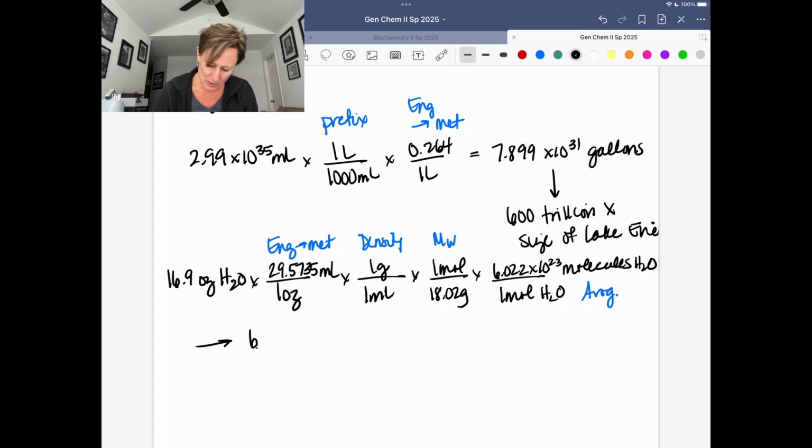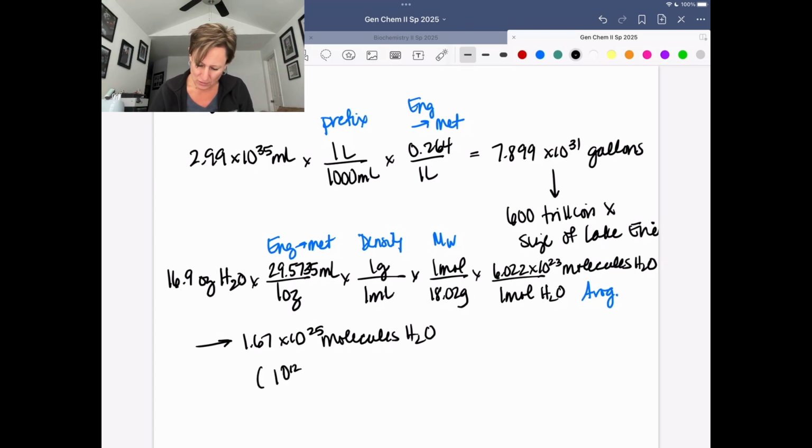You're going to get 1.67 times 10 to the 25th molecules of water. Remember, we had asked about 1 trillion. 1 trillion was 10 to the 12th. So, wow, there are way more than 1 trillion molecules of water in here.